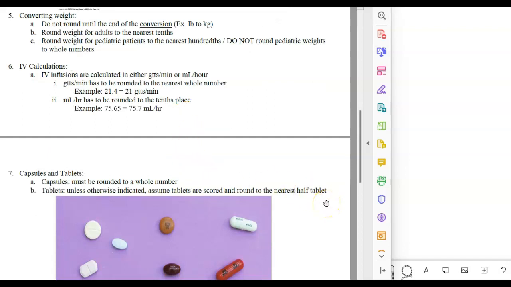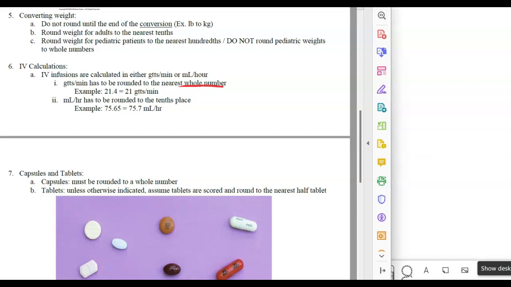Rule number 6, IV calculations. IV infusions are calculated in either drops per minute, as written here, or milliliters an hour, mL an hour, as written here. For drops per minute, it needs to be rounded to the whole number.